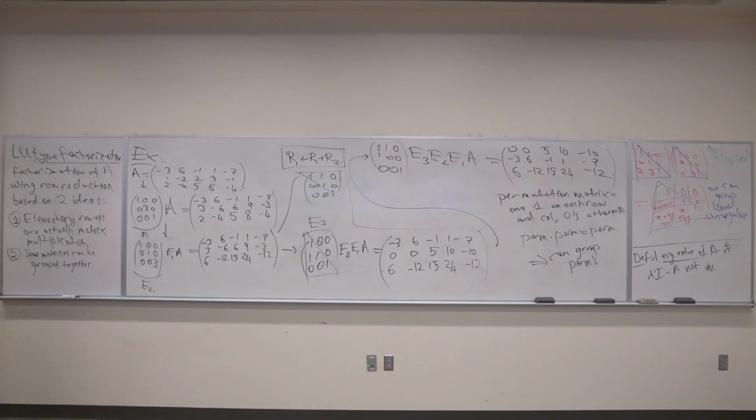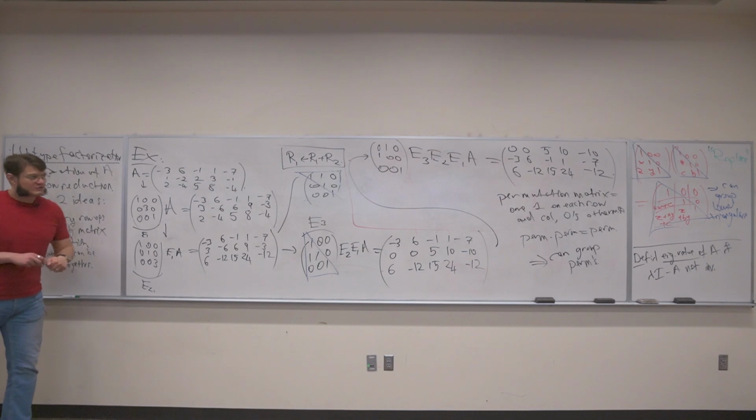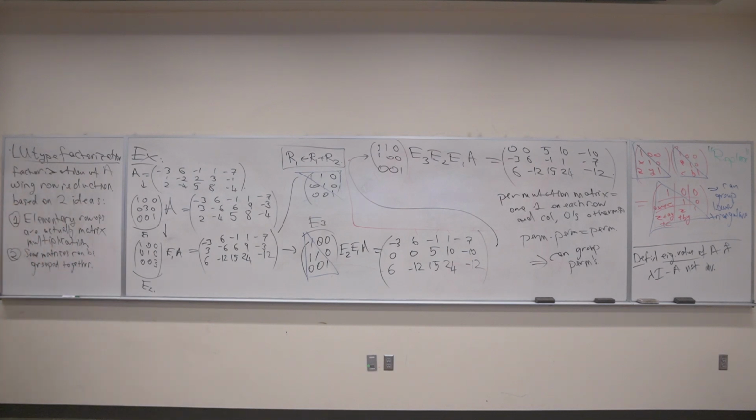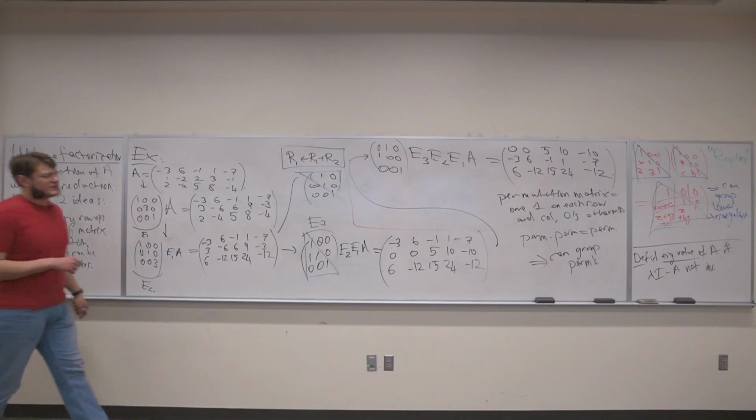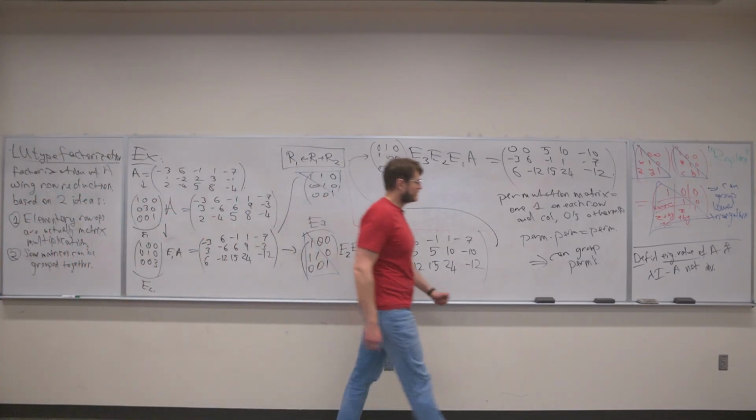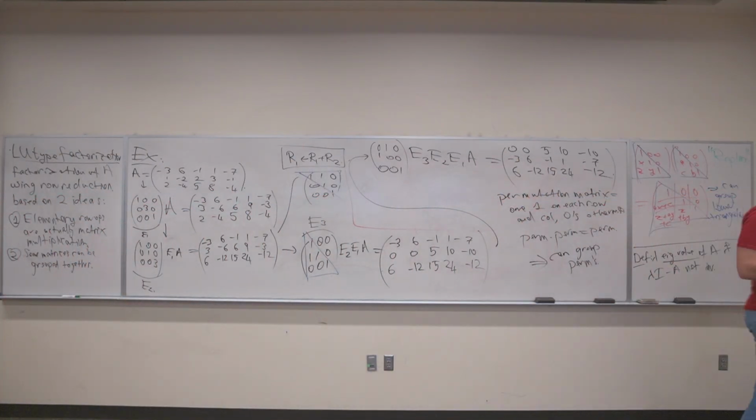If you look at the Wikipedia page, you're going to see like 5 billion different ways of LU factorizing things. There's a couple more things I could say about this, but I don't think it's going to be illuminating to discuss more.